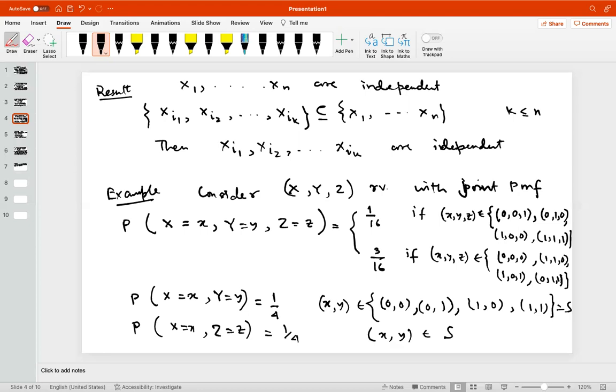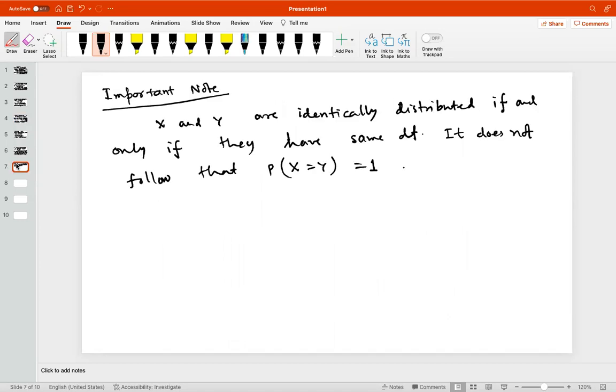So x and y are identically distributed. Their distribution is identical. That doesn't mean that x equal to y. So in this example, probability of x equal to y is just half, and probability of x not equal to y is also half. So identical distribution does not mean equal. Remember, maybe x is one value, y can take another value.